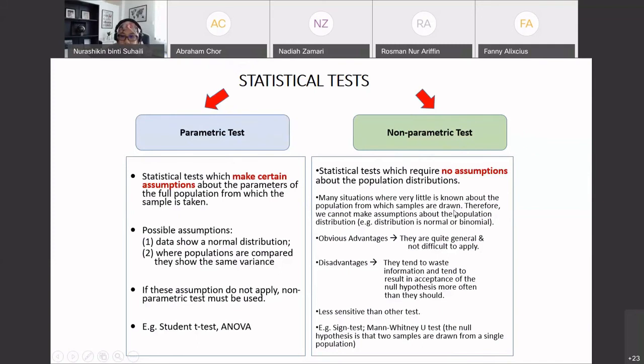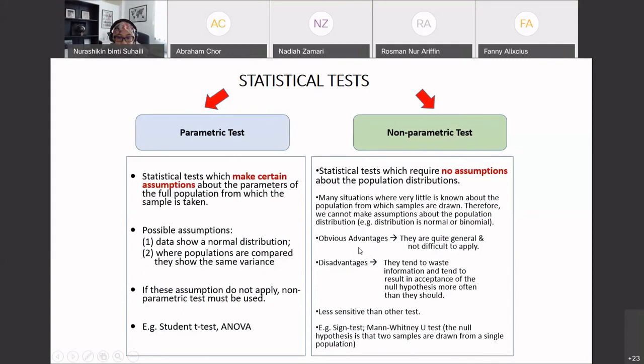But for non-parametric, we do not know whether the data is normal or not. There's no information; it can be normal or not. I think this is the same sort of points as the slides before. Examples are the sign test and ANOVA.